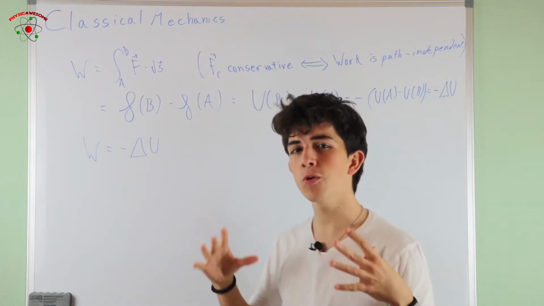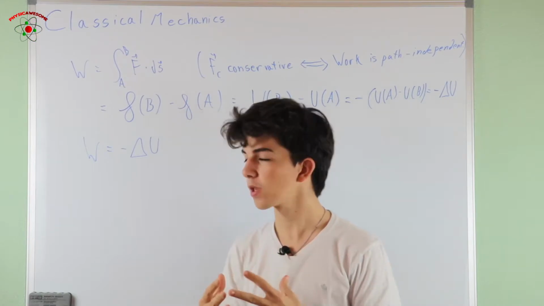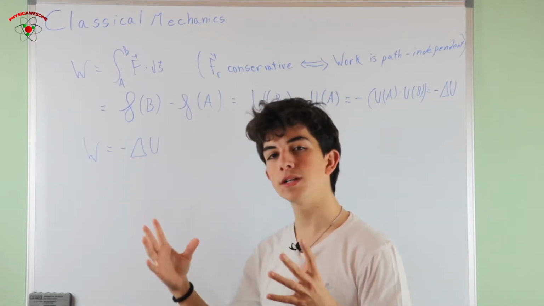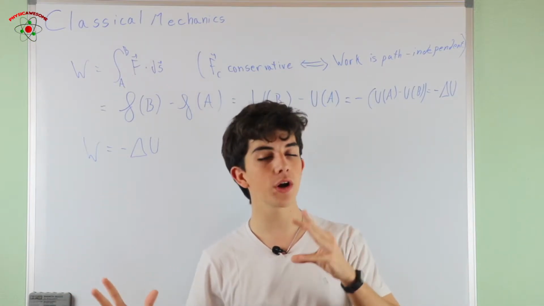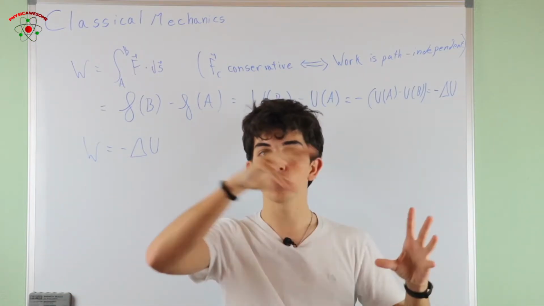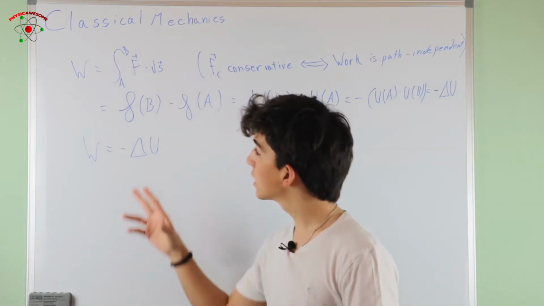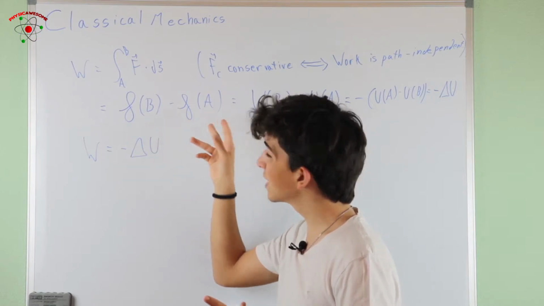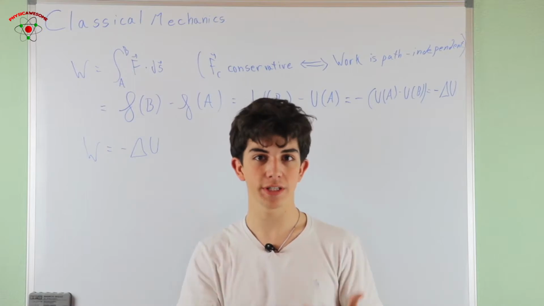But first, I want to give you some intuition about what we have done. Work is a quantity that relates different points and the energy required for going from one of them to another one. Therefore, this function is a measure of how energetic a point is.